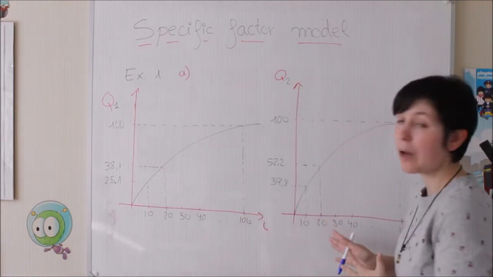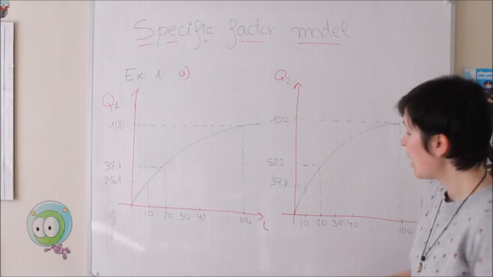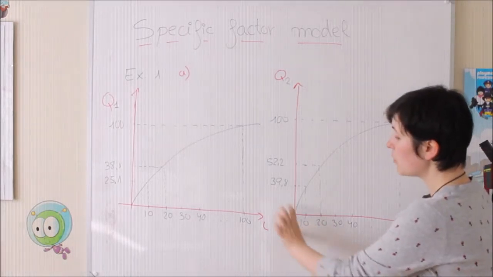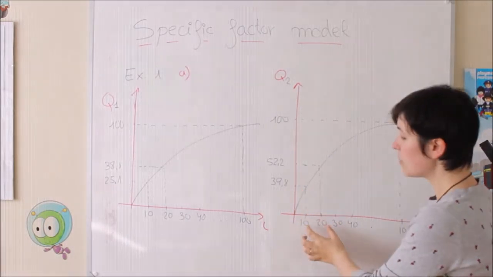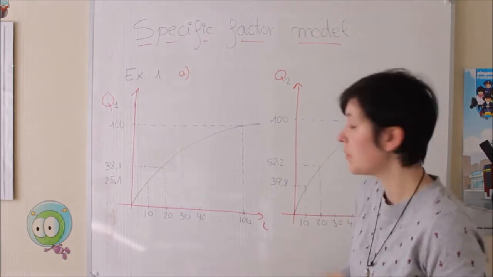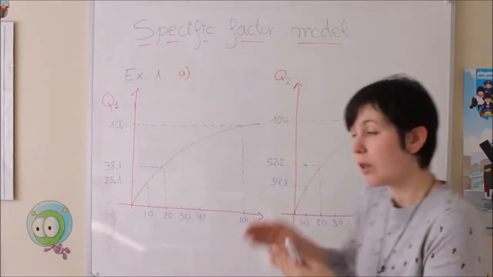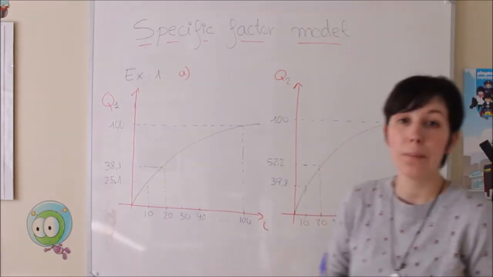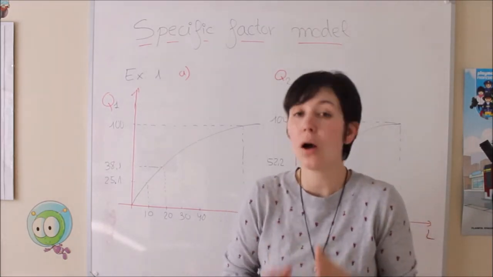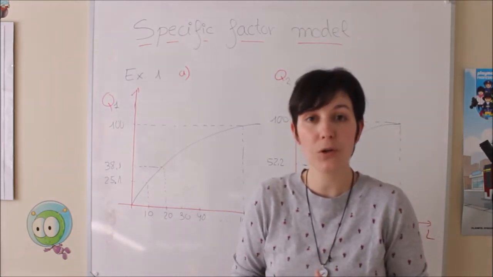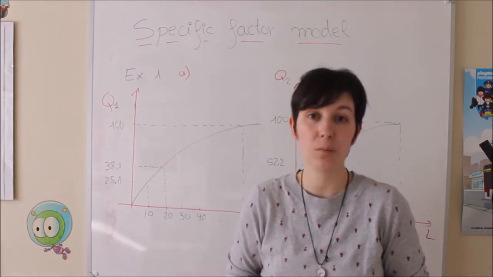Something similar is happening in the other industry. The first 10 workers were really productive, while the second 10 workers are not as productive as the first. So the production is increasing, but not always in the same proportion; in fact, it's in a decreasing proportion.